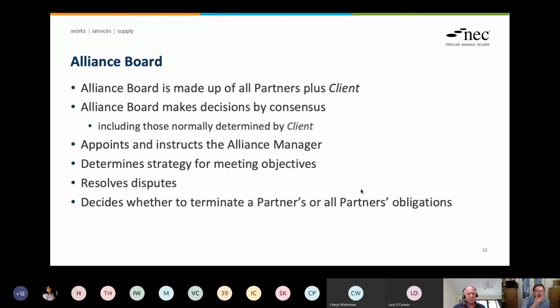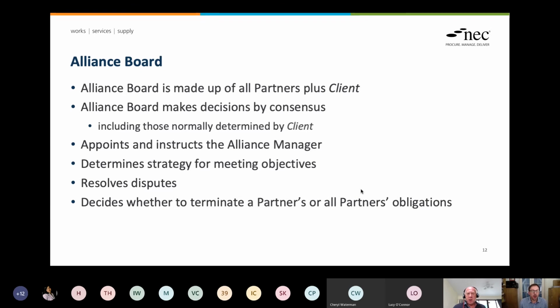Let me just, sorry, I was just thinking the other thing that's worth touching on this slide is dispute resolution. In that, of course, it's the board in this case, so we don't have any of the W clauses, do we, in this contract?